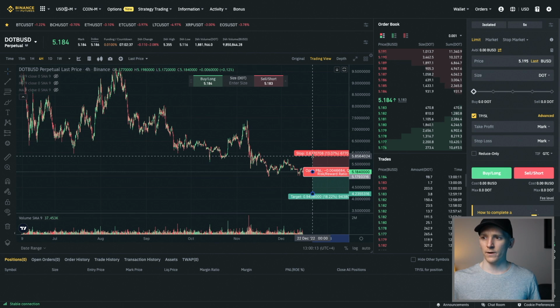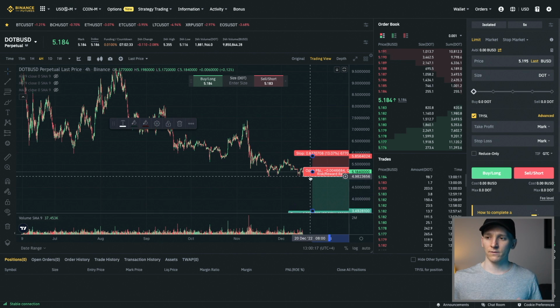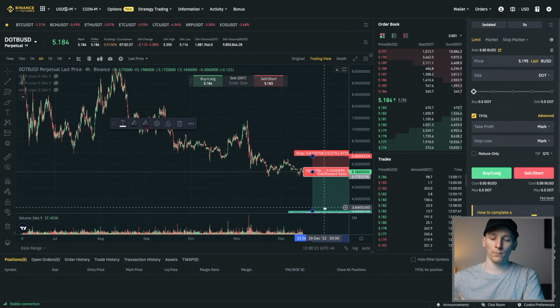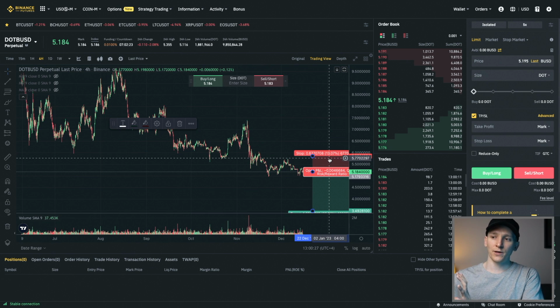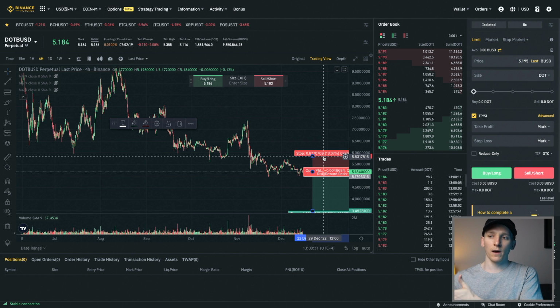What was it? 5.9 or 6, like this. So don't worry about the take profit because that's not important. The price can now move within this range, no problem. It can move way down, no problem, because that's great for the short position. But if it goes up to here, then you may be stop lossing out of this short trade. Now you're not losing money because you've got that long position as well. So that's the short position side, right?